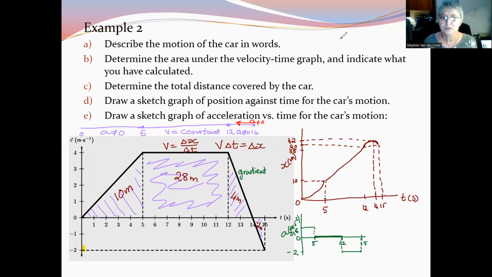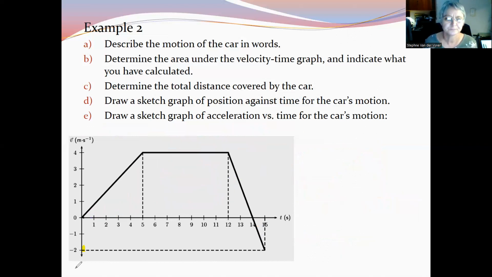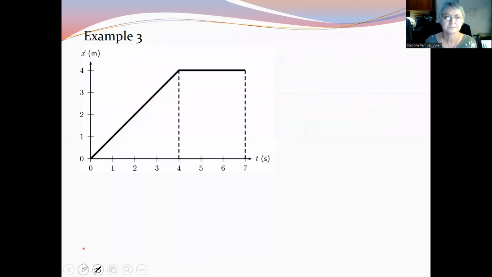Right, let's move to the next example. Example 3 says that we're back to a position time graph now.